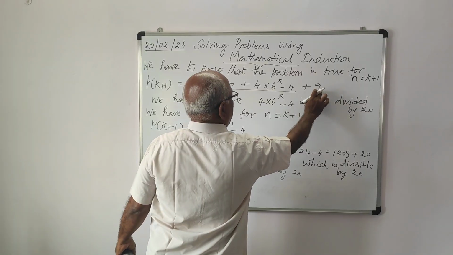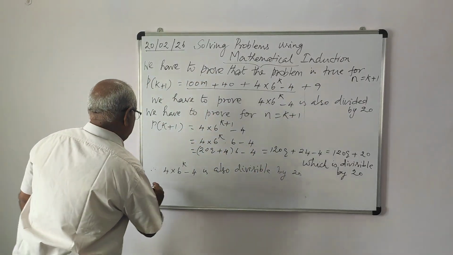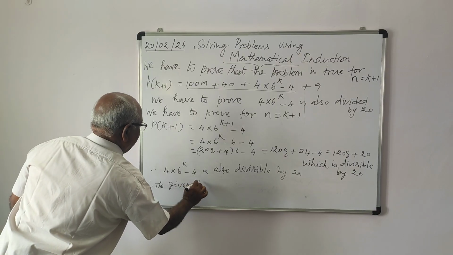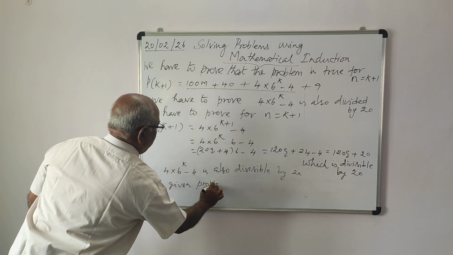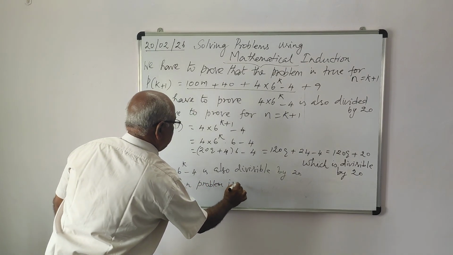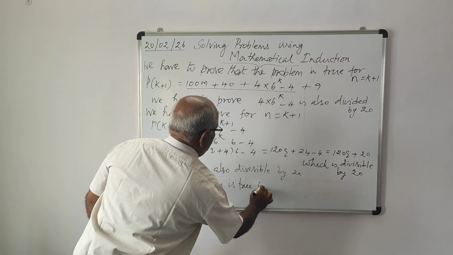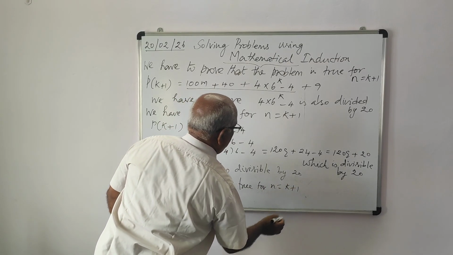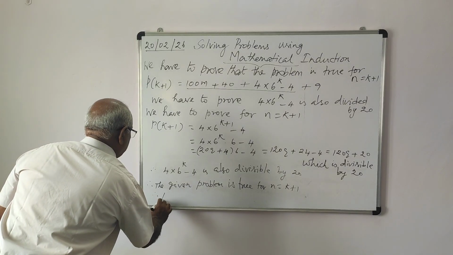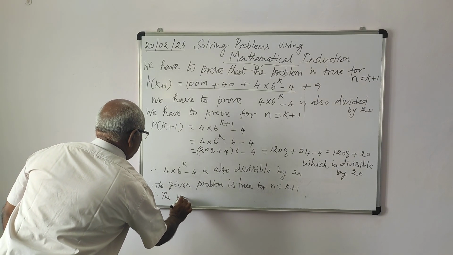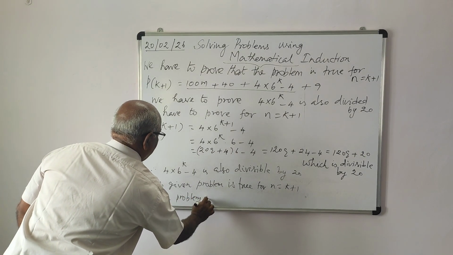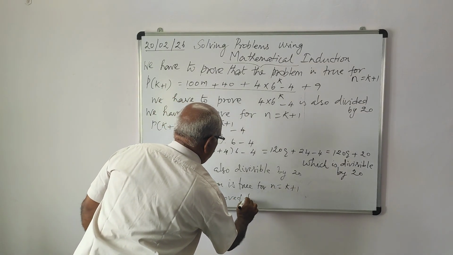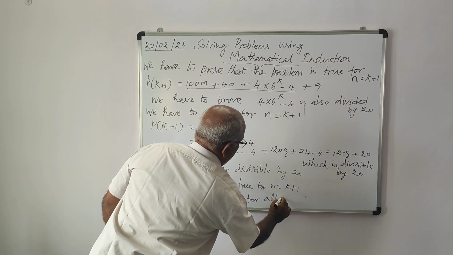Therefore, the given problem is true for n equal to k plus 1. Therefore, the problem is true for all n. Therefore, the problem is proved for all natural n.